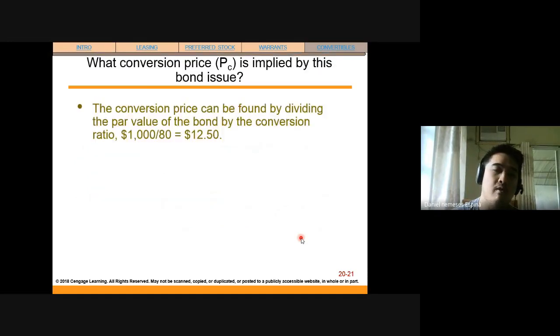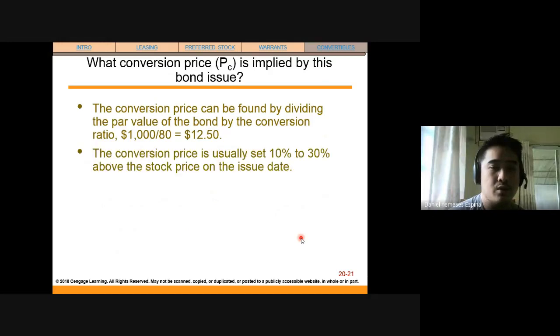So how to get the conversion price? If the 1,000 bond can be converted into 80 shares, therefore the conversion price is equivalent to 12.50 per share. The conversion price is usually set at 10% to 30% above the stock price on the issue date.